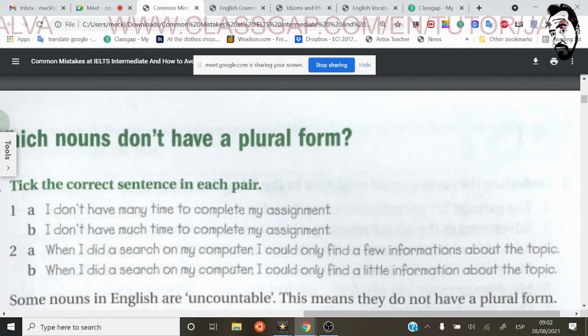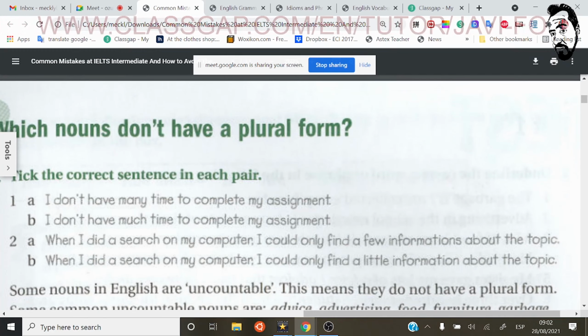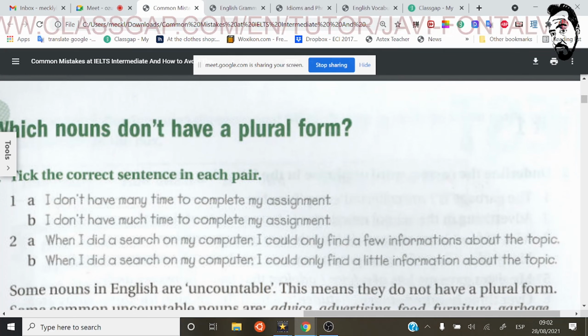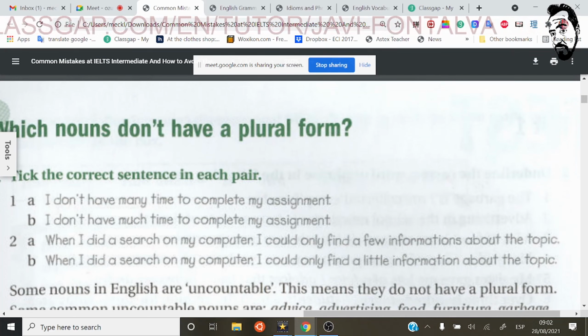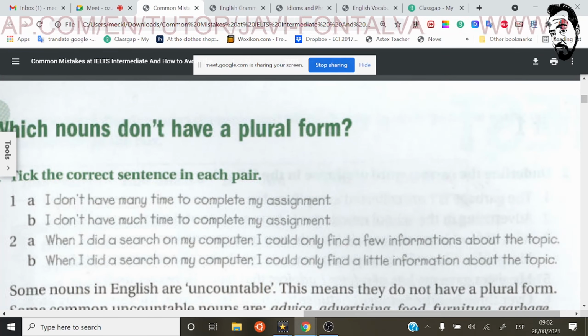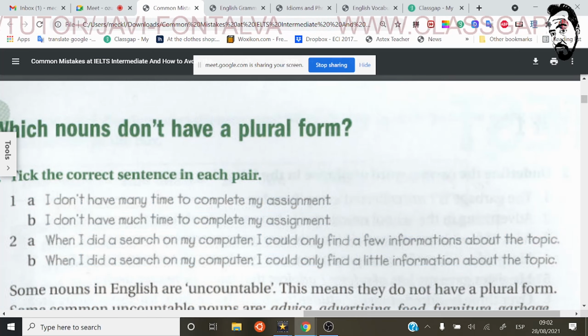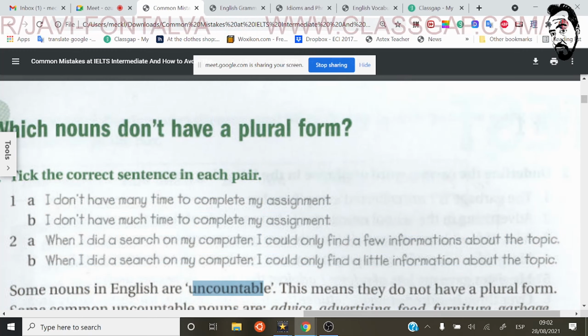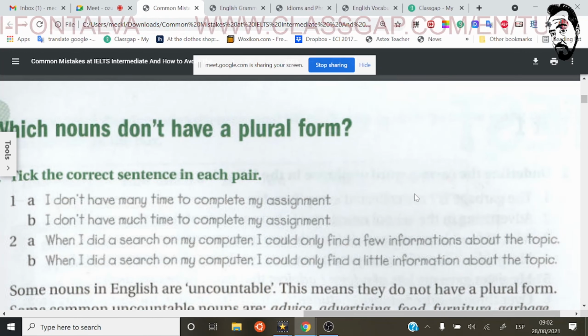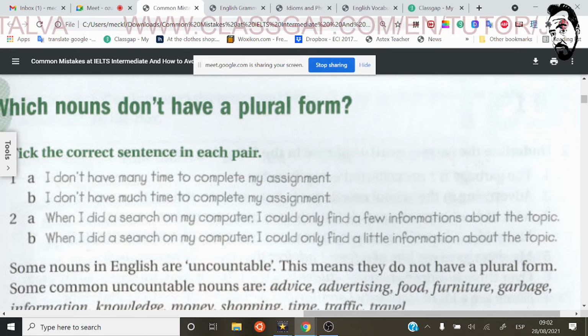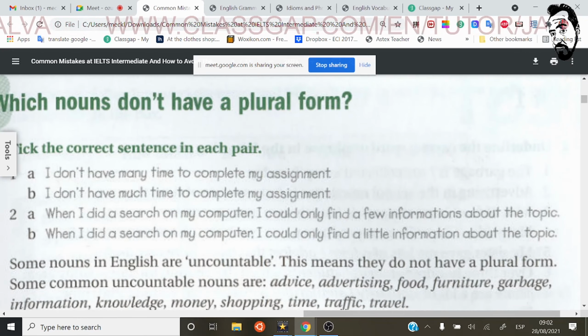So first, I'm gonna explain to you something that happens in English and many other languages. And it's correct what I said? I'm gonna tell you later, okay? So, in English, some nouns are what we call uncountable. That means with these nouns, you cannot use the plural.